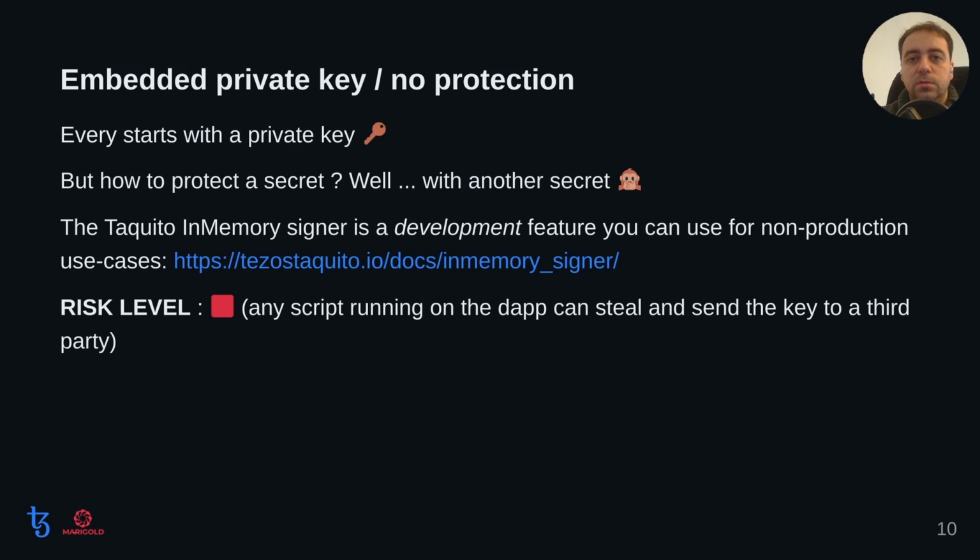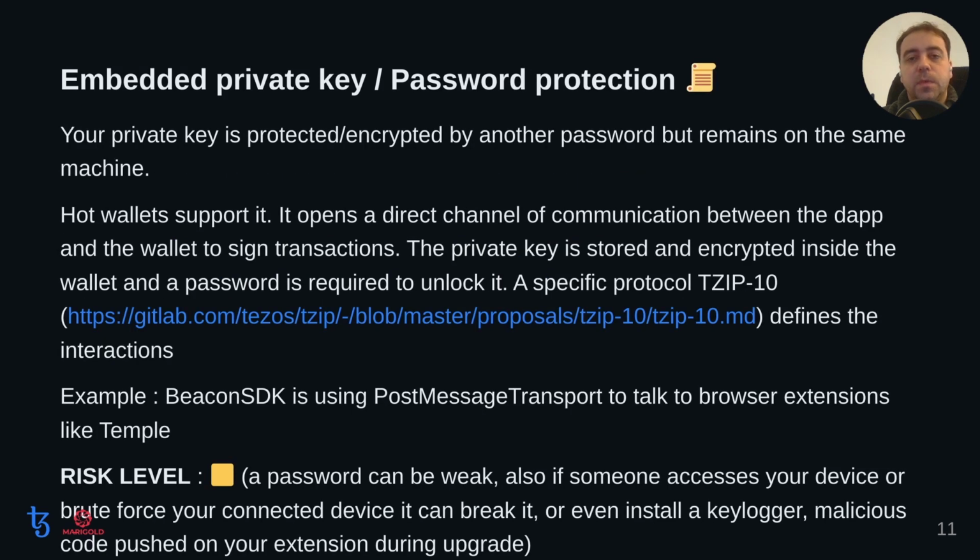Today you can use a private key in your dapp using, for example, an in-memory signer using Taquito, but it is a development feature. You must not store your private key in your dapp like this or it gets stolen. To protect this private key, most of the time we use a vault protected by a password on your device.